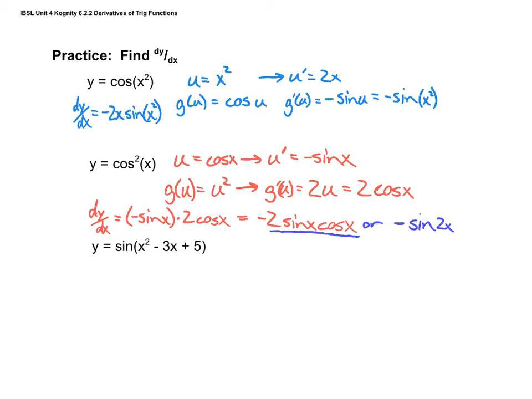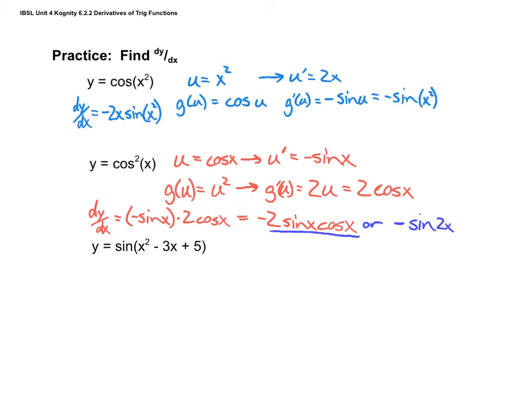Let's say we want to find where the derivative equals 0. Well, where does sine x cosine x equal 0? We want to get that in terms of one trig function. So be aware of that. You don't have to go too far unless you have to, but sometimes you have to.